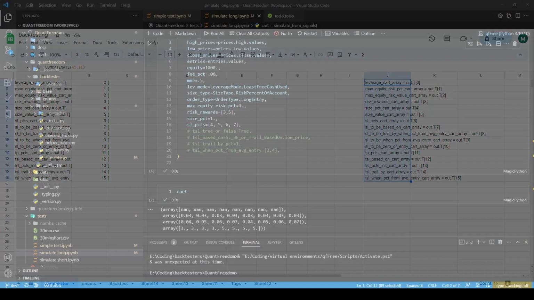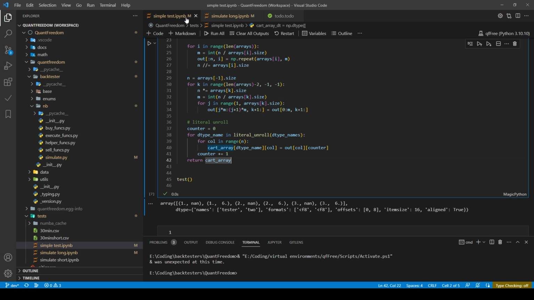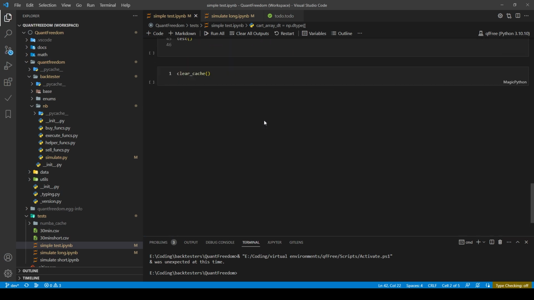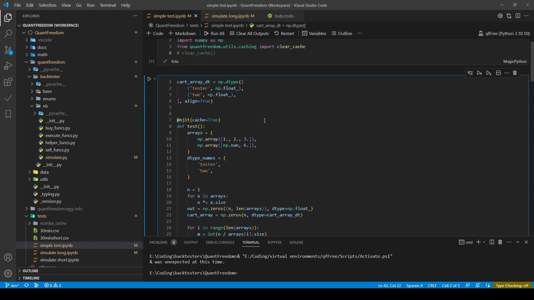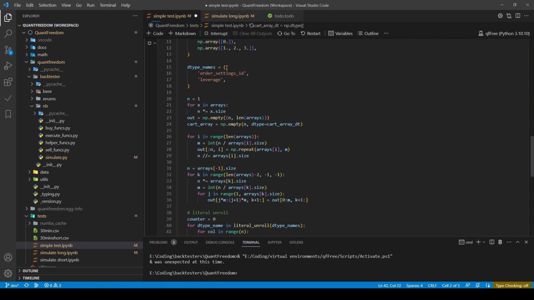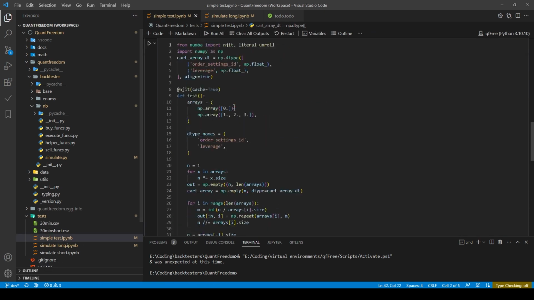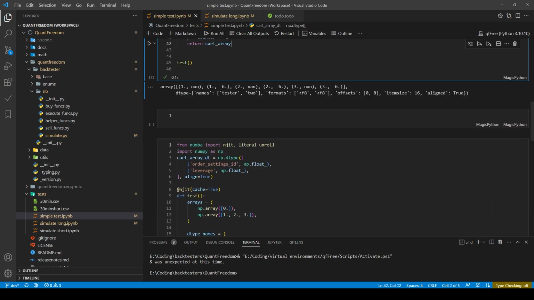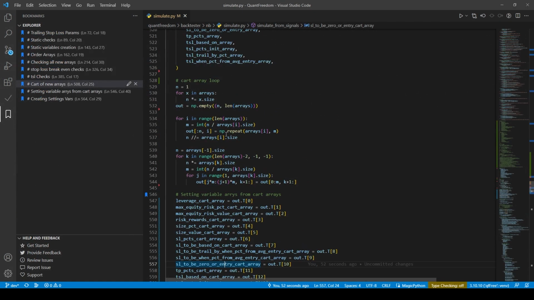But yeah, it's so weird that when I run it over here, it works perfectly fine. But when I run it anywhere else, it just doesn't work. It makes no sense. But when I run it in here, it shits the bed.